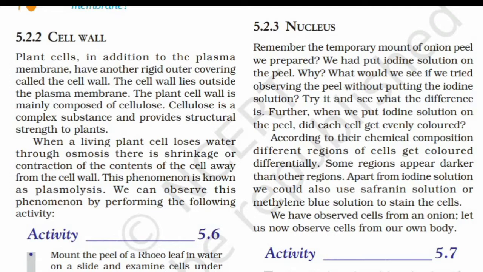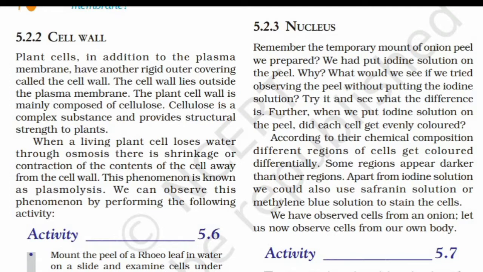The cell shrinks, it develops wrinkles or it contracts, but it is due to the contraction of the contents of the cell. Whatever is there in the cell, the contents of the cell, they contract. And where are these contents of the cell placed? They are away from the cell wall. This phenomenon is known as plasmolysis.